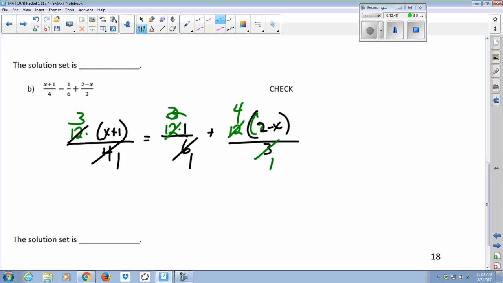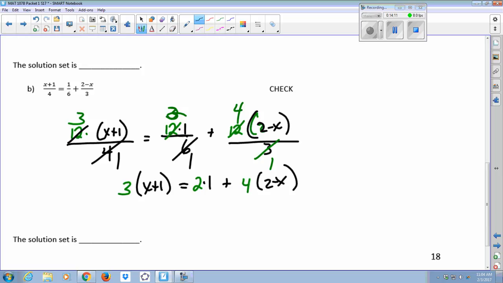You've got 3 times x plus 1 equals 2 times 1 plus 4 times 2x minus 1. And now you all can solve that equation because you've now made it into a linear equation.